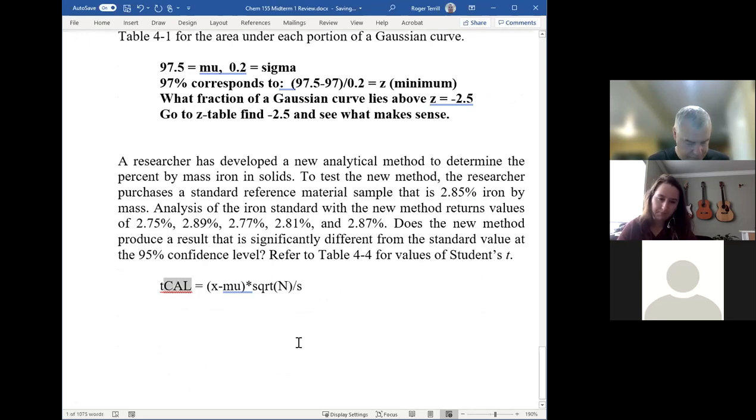Okay. So T cal is x minus mu times square root of n over s, right? That's all you need here.